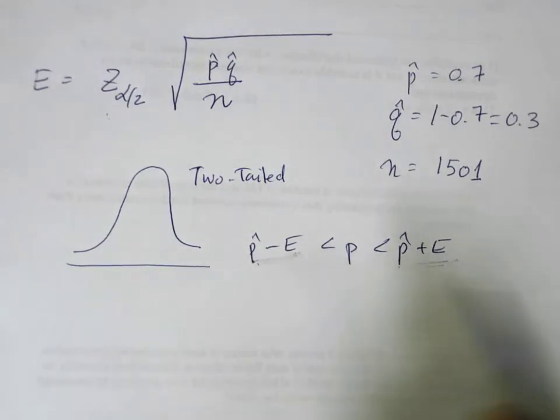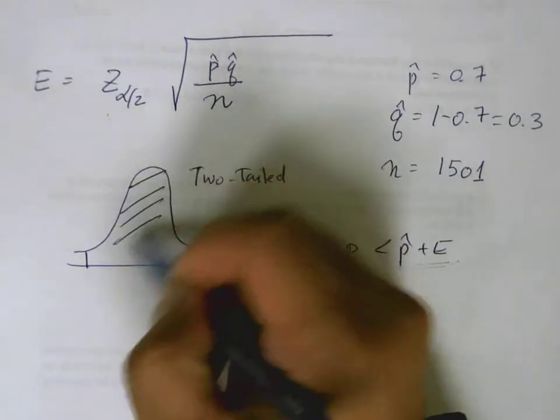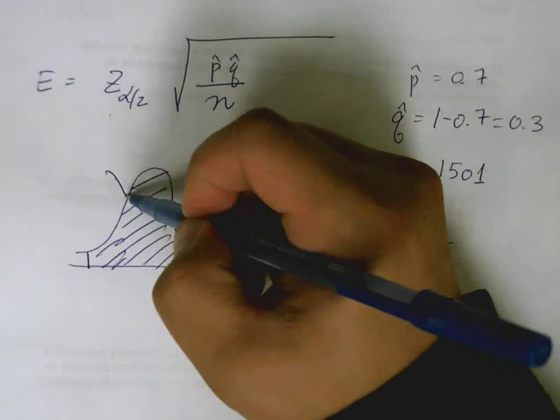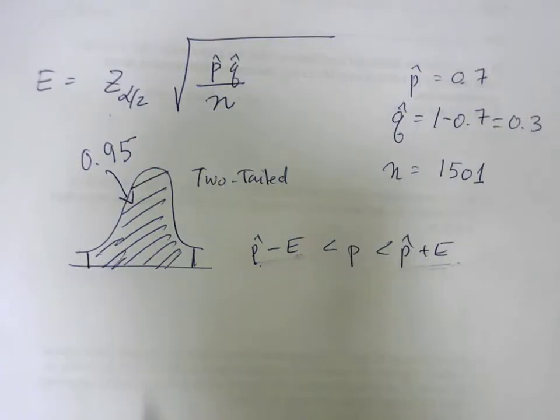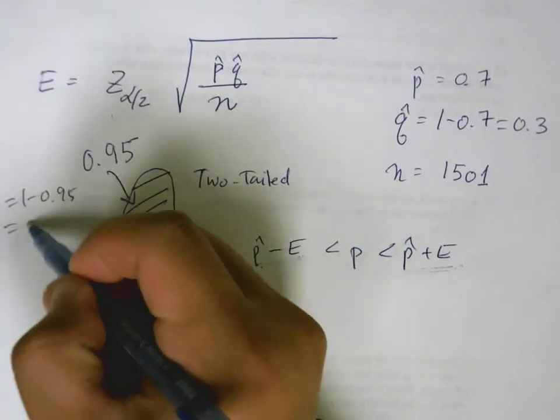So this is going to be a two-tailed test, and this area here, that's the confidence level. We're given that it's supposed to be 95%. So that means alpha is 1 minus 0.95, so alpha is 0.05.